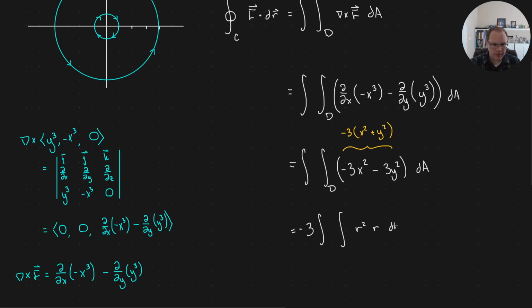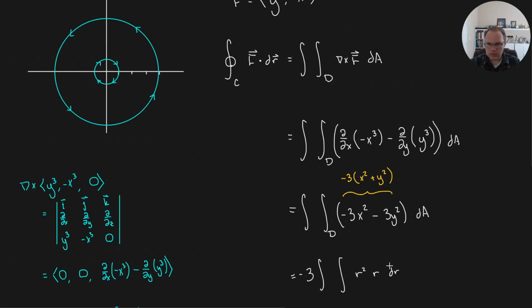And then let's integrate first with respect to r. Now r will go from, no matter where I draw my radial slice, I start counting at the edge of the inner circle, and I end at the edge of the outer circle, no matter where I slice it.